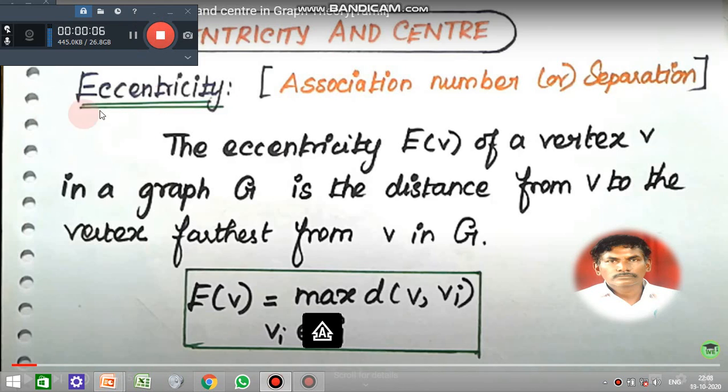Now the first one is about eccentricity. The eccentricity e(v) of a vertex v in a graph G is the distance from v to the vertex farthest from v in G. So mathematically we can define it like this: the eccentricity of any vertex v in a tree is the maximum distance between that vertex and all the other vertices, the ones farthest away from v in the graph or in the tree.